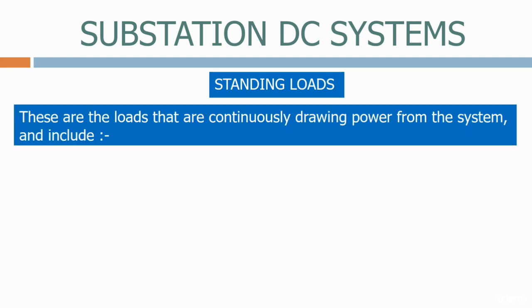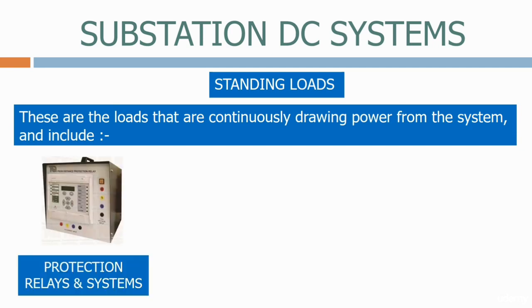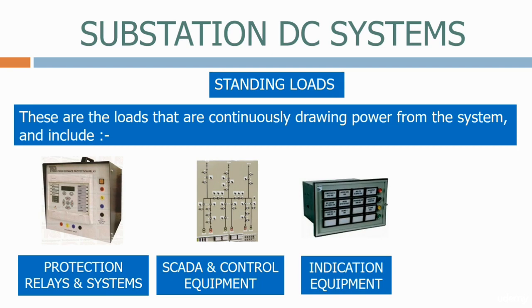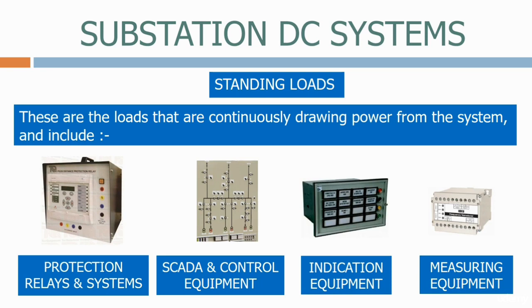These are the loads that are continuously drawing power from the system and include protection relays and systems. Even when there's no faults, protection relays still draw current from the system. SCADA and control equipment. Indication equipment such as annunciators. And finally, measuring equipment such as transducers.